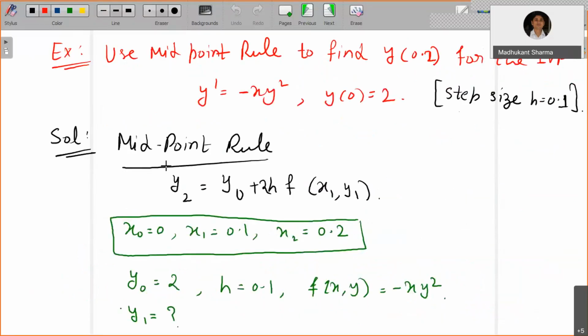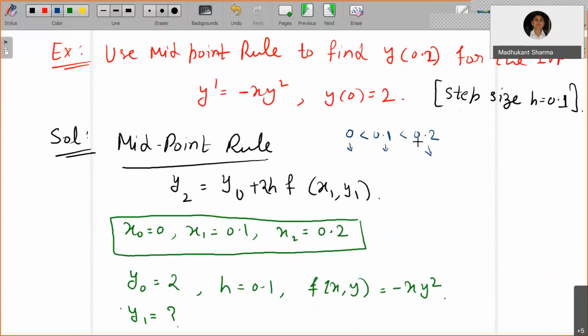The midpoint rule says that y2, where we want the value at 0.2 and your partition was 0, then 0.1, then 0.2. So this is x0, x1, x2. Instead of integrating from x0 to x1, we are integrating from x0 to x2.